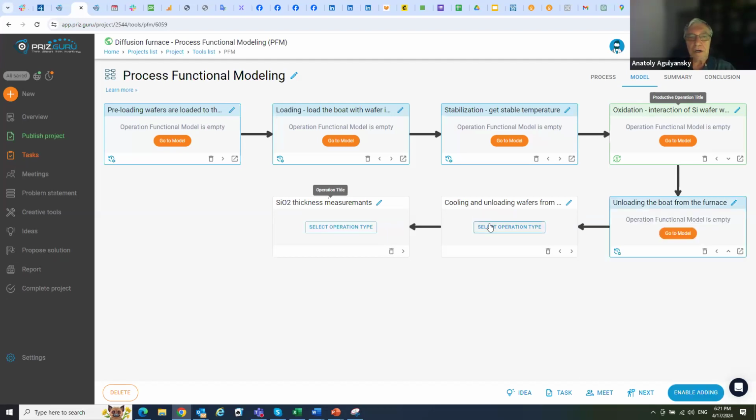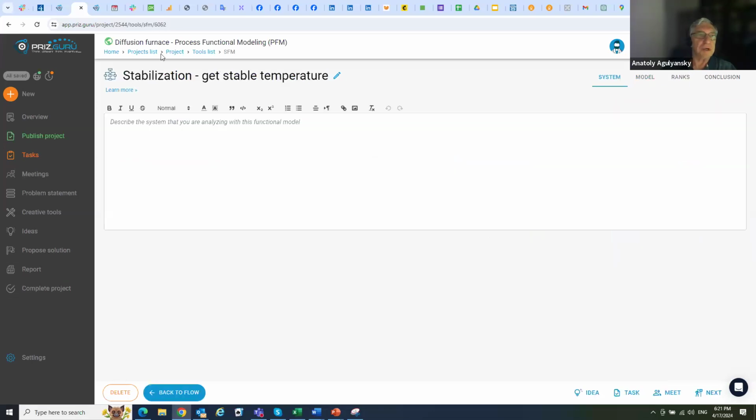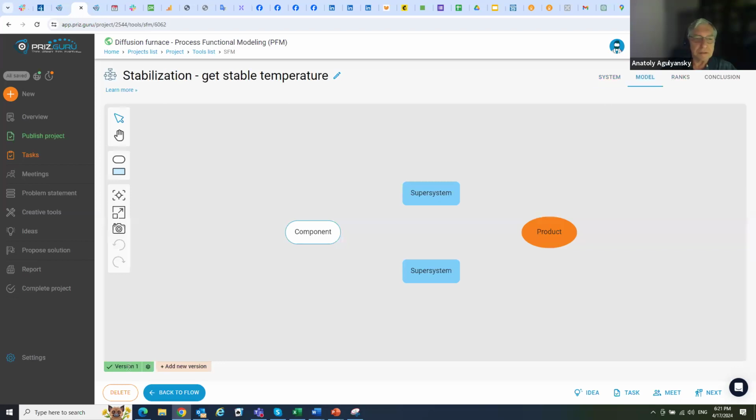Cooling, it could be corrective. No, I would say stabilization is a... Oh, I'm sorry.